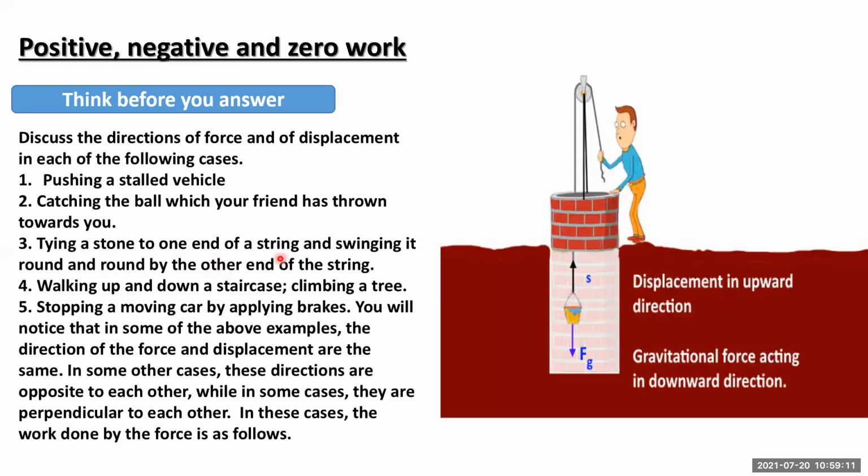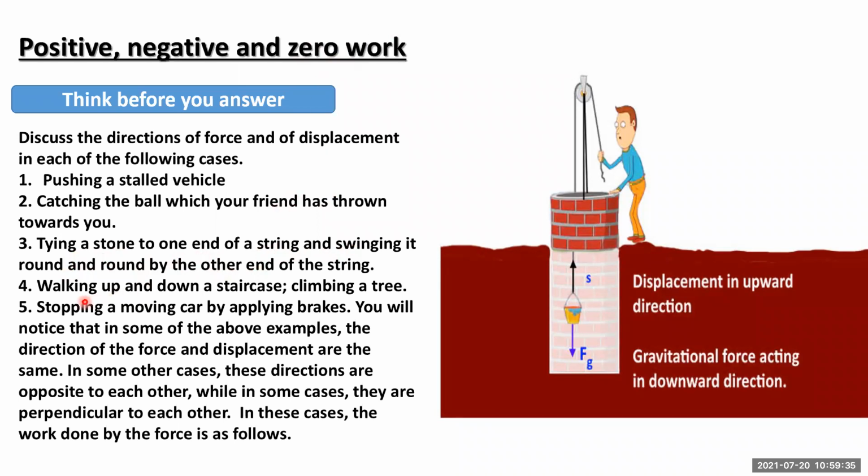So what is the direction of motion of the stone? It is tangential. Tangential is perpendicular to the radius, so the force and displacement are perpendicular to each other, making a 90 degree angle between them. The work is zero. This is the example of zero work done.